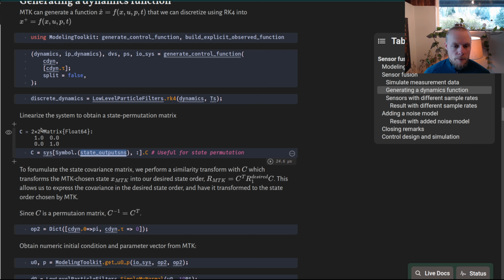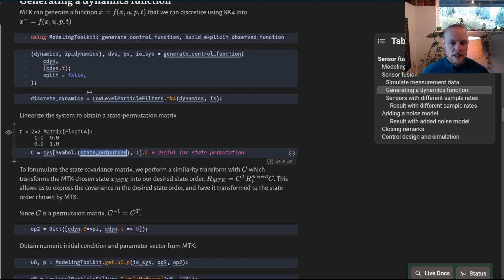So here I compute the permutation matrix that permutes the ModelingToolkit state order to the state order I would like to have. And in this case it happens to be identity because ModelingToolkit picked the order that I want. But I still make use of it because maybe in a different version of ModelingToolkit the order will be different, and then this permutation matrix is important.